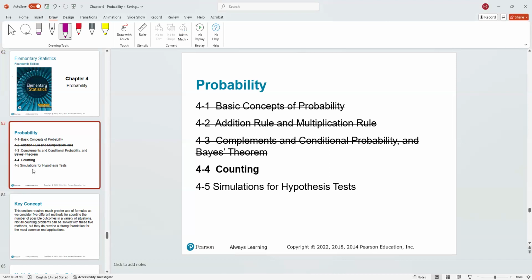So remember, one requires order, the other one doesn't.